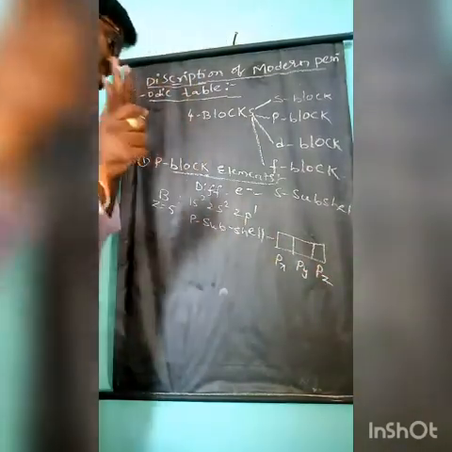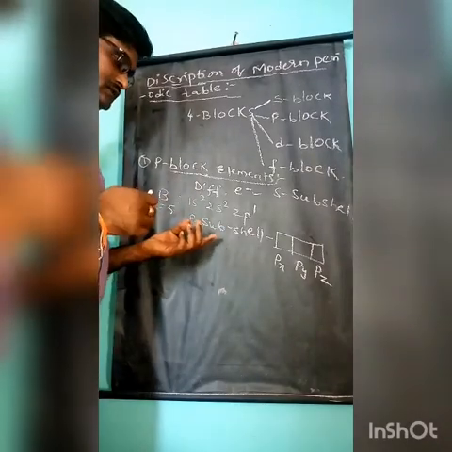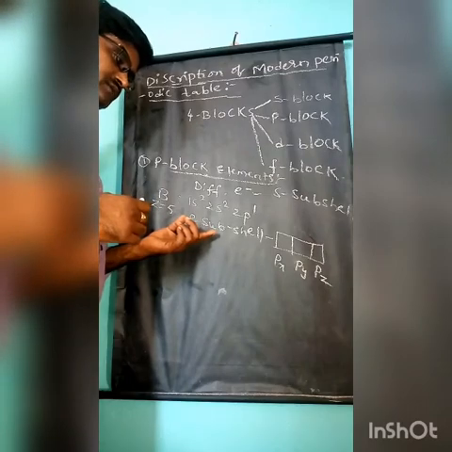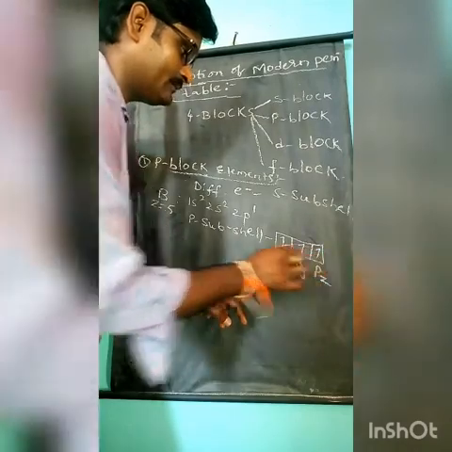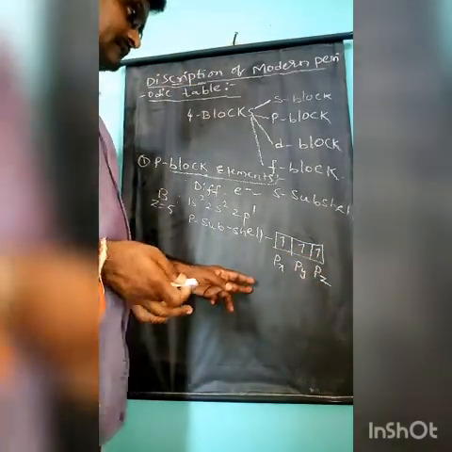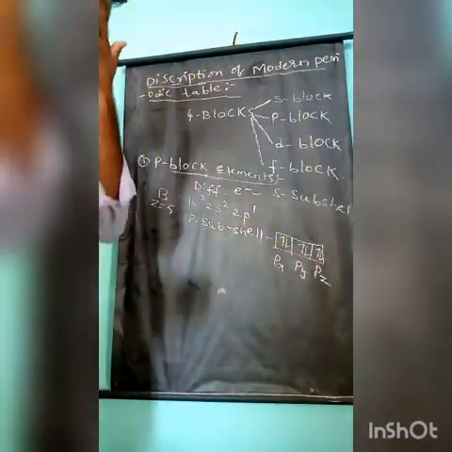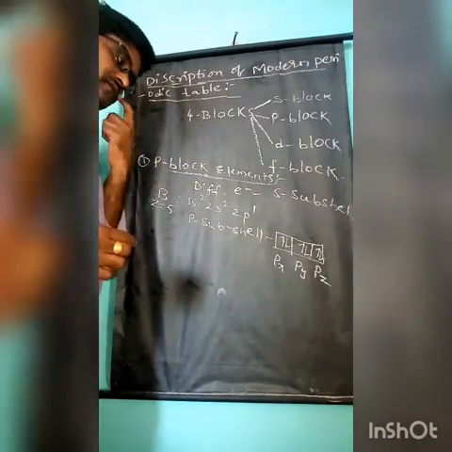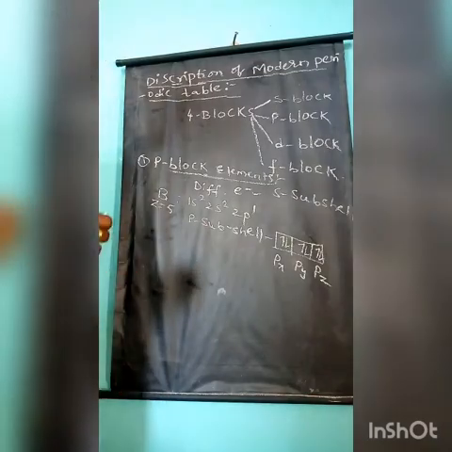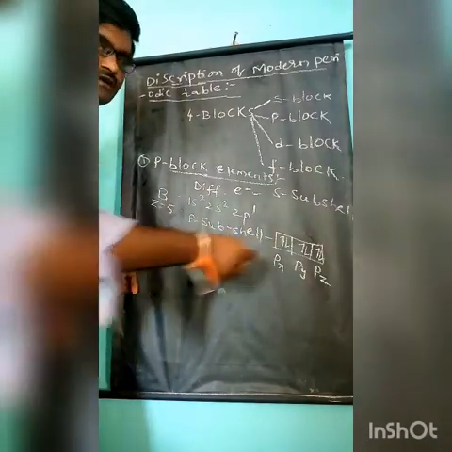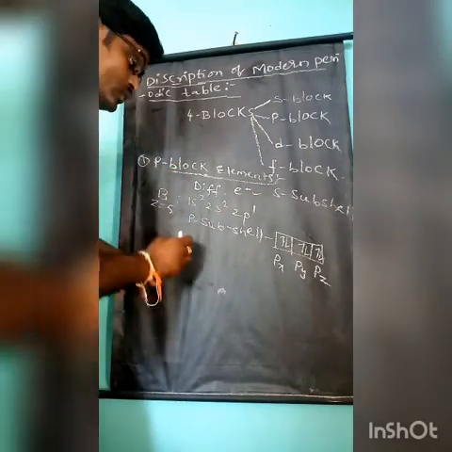Each orbital can accommodate 2 electrons, so the p subshell accommodates 6 electrons. How do they fill? First 3 electrons enter into px, py, pz, and the next 3 electrons enter again into px, py, pz, pairing with the unpaired electrons according to Hund's rule. So the p subshell accommodates a total of 6 electrons. That's why the p block contains 6 groups.